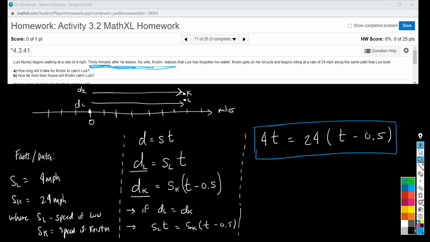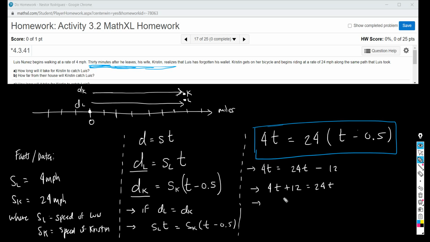Let's solve it very quickly. We have 4t equals 24t minus 12. I'm going to add 12 on both sides, and then I'm going to subtract 4t on both sides.